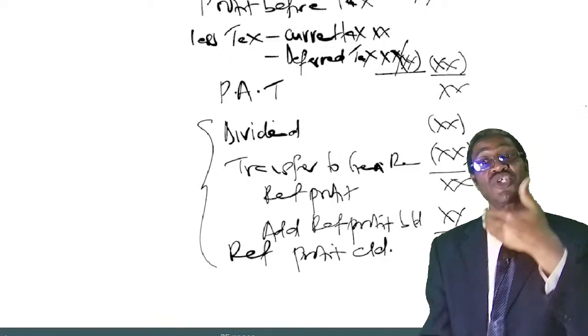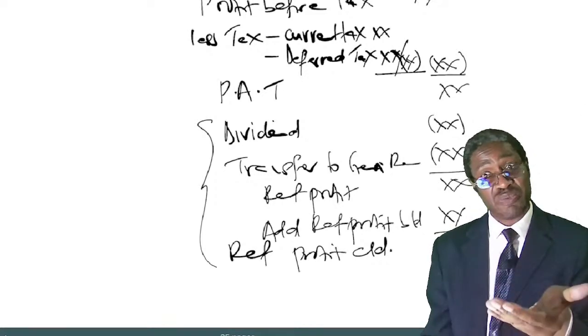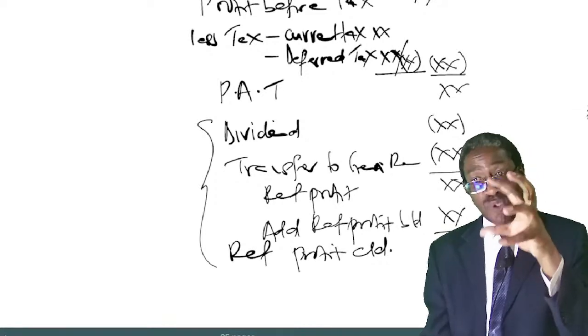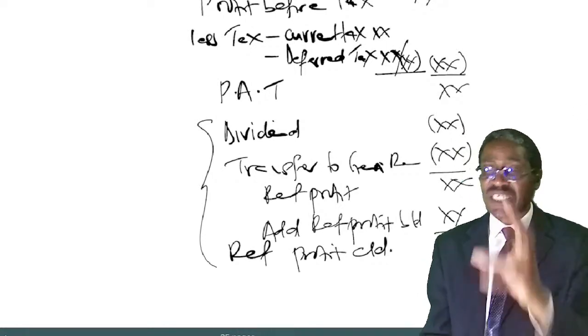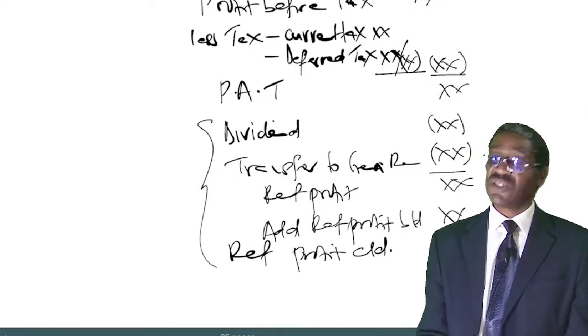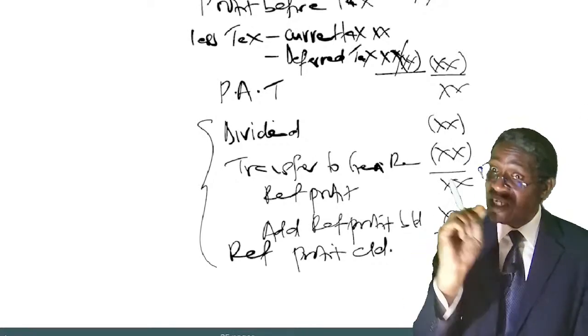That means they should not be done in the income statement. All the appropriations are normally done elsewhere, and that elsewhere is in the statement of changes in equity.